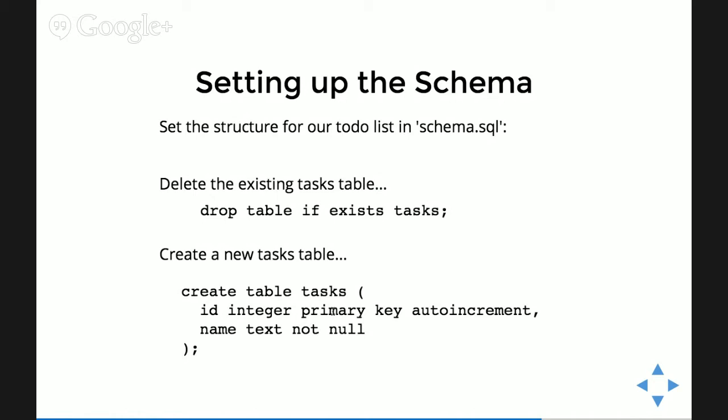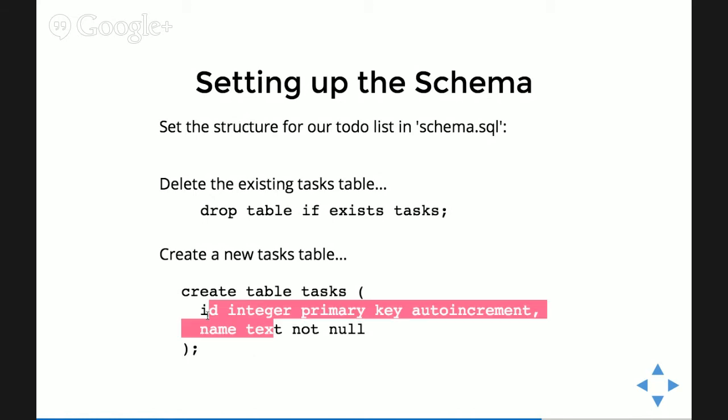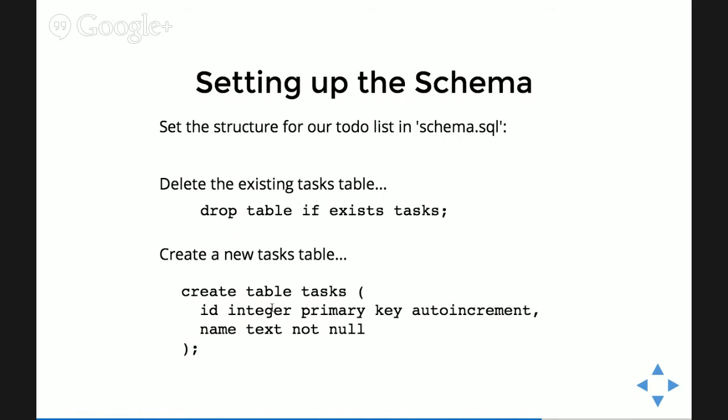What you're saying is, inside your database you can have many tables, but for one of these tables you want to store your tasks, and your task is going to have an ID and also a name. I called it a name, but it's really the name of your task. At the top of this file, you run drop table if exists tasks.